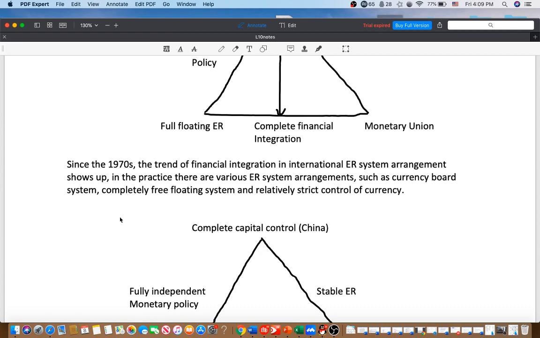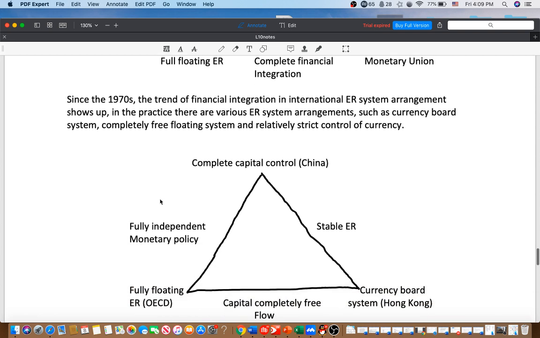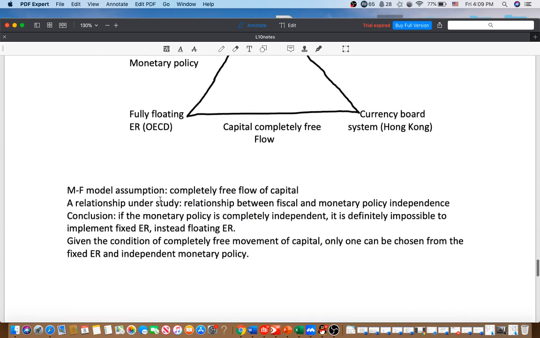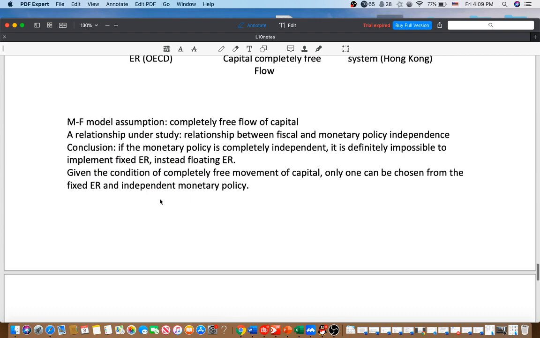Since the 1970s, the trend of financial integration in the international exchange rate system arrangements shows up. In practice, there are various systems, and this relation is studied.